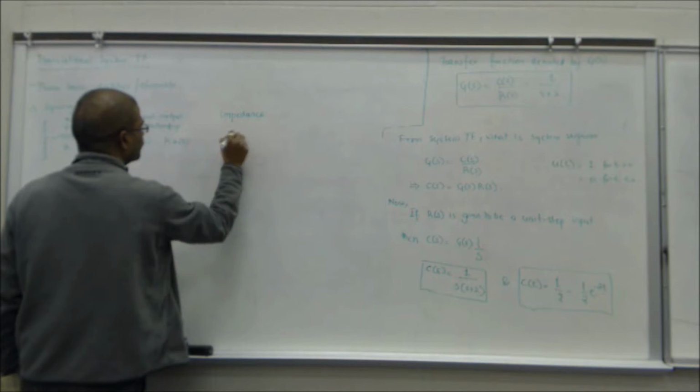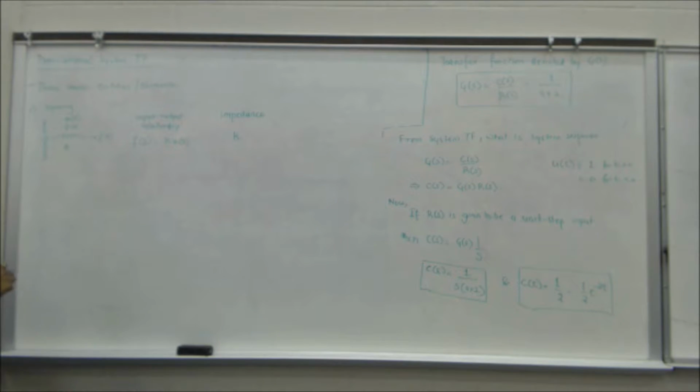And the impedance of a spring is just K, where K is the spring constant, all right? The second element is a damper. The damping coefficient is denoted by Fv, as is used in the textbook.